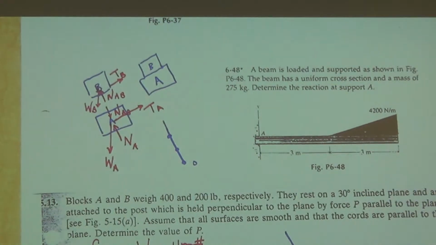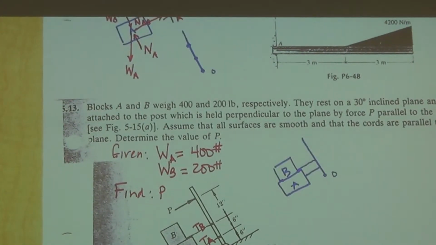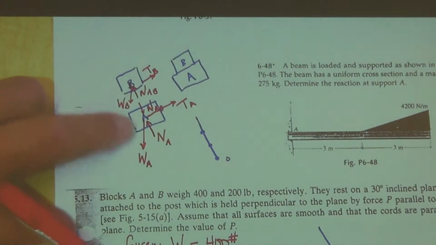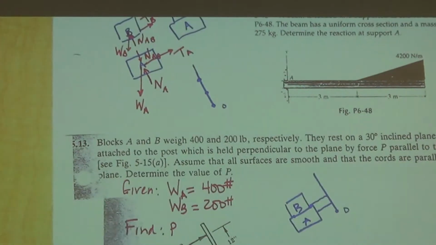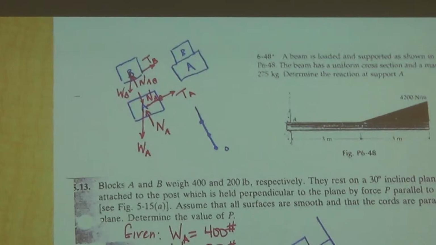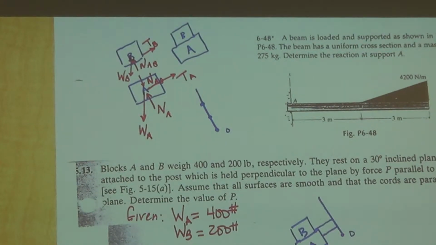Okay, now I do need to put in angles here. So Claire, I'm going to call on you for the angle. I need to have an angle for the weights on both of these. So take a look at this 30 degrees that's drawn here. Right, so where do I draw my 30 degrees? Between the weight and the normal?